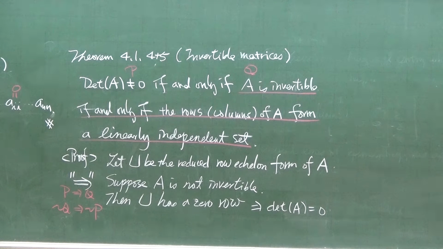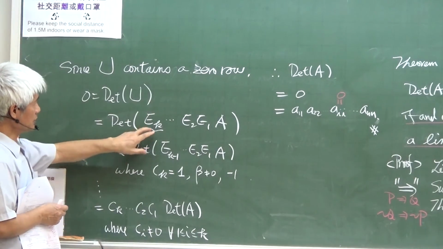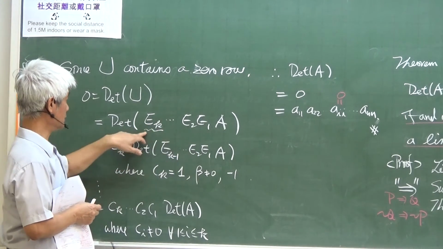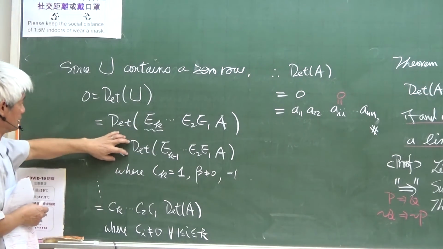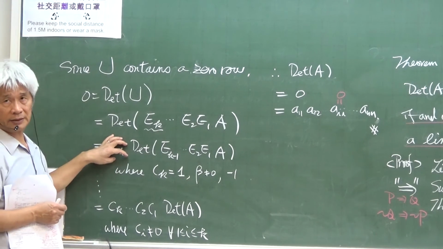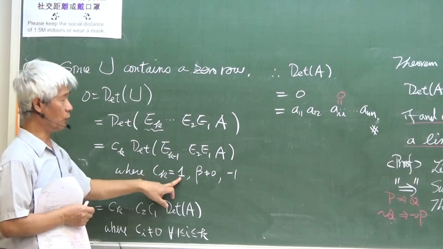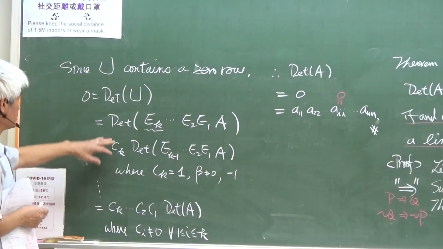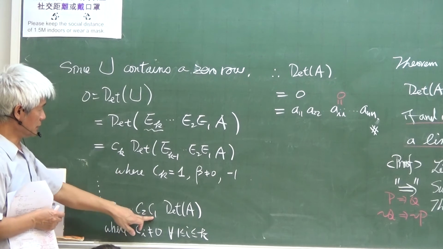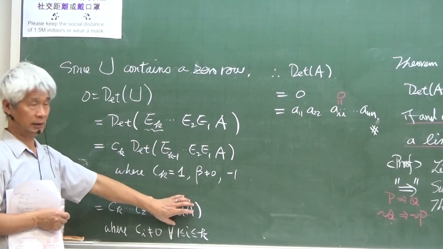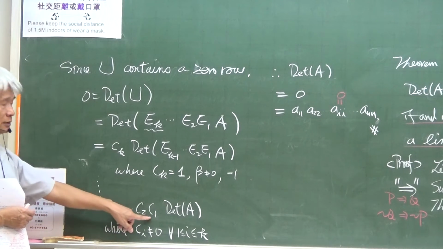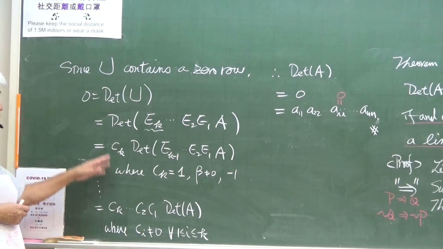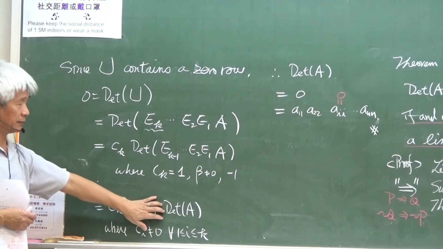And U can be obtained by applying elementary row operations on A. For each elementary row operation, the effect is that you multiply with a constant c_k. This c_k is either 1 or a non-zero scalar or -1. So that finally we have c_k ... c_1 times determinant of A. And because c_k, ..., c_2, c_1 are all non-zero, but the product is 0, so the determinant of A is 0.